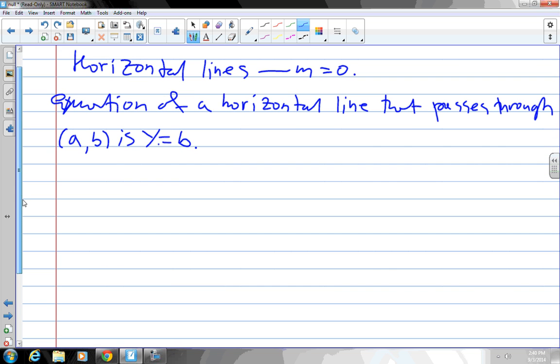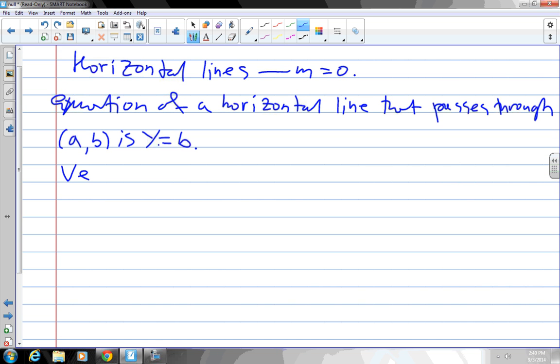Now the vertical lines are a lot weirder to begin with. So the slope is undefined, because of the division by 0.